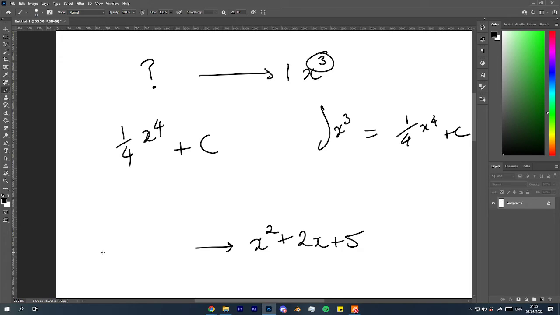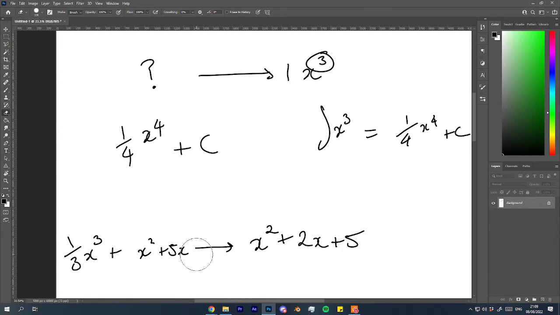Nice. MX, are you okay with that? Okay, so it's going to be 1/3 x cubed. The 3 multiplies here, and we're going to subtract 2. That's perfect. This is going to become an x squared, but we need 2 divided by 2, which is just 1. And then we end up with 5x.